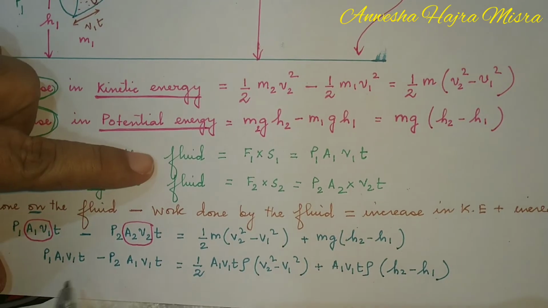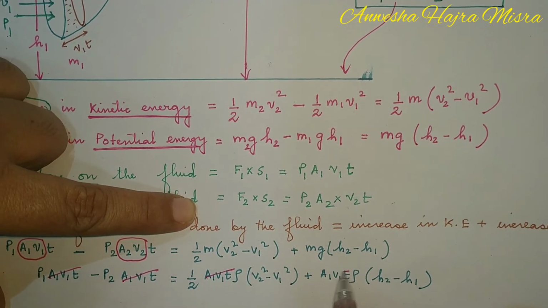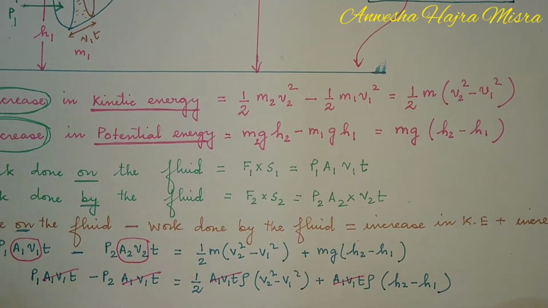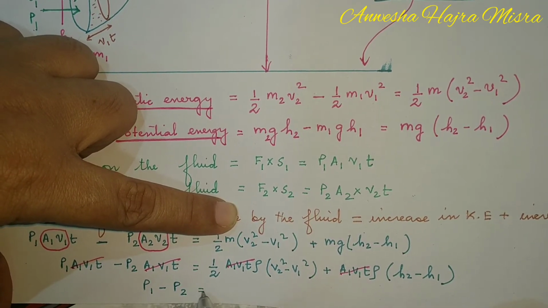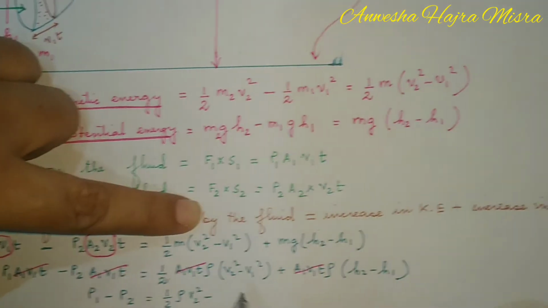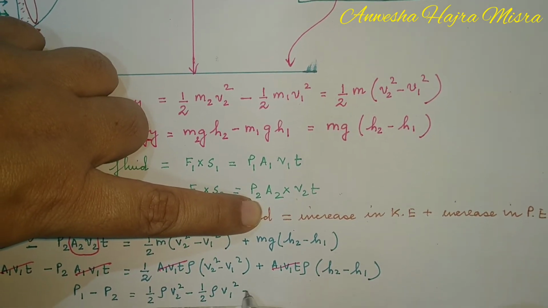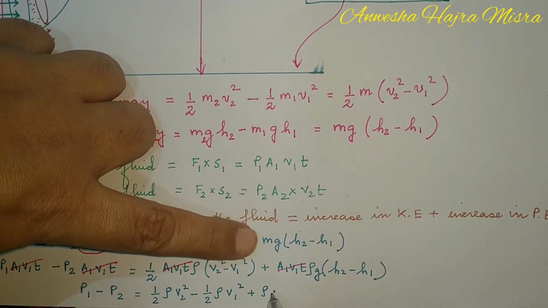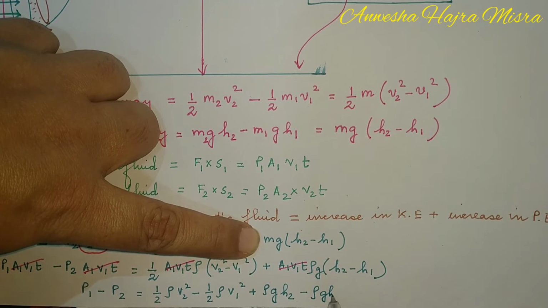Now if you cancel, children, A1 V1 T cancels. So what are you left with? P1 minus P2 is equal to half rho V2 square minus half rho V1 square plus rho G H2 minus rho G H1.